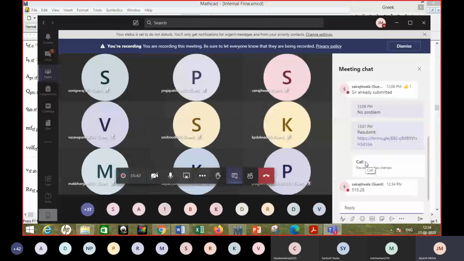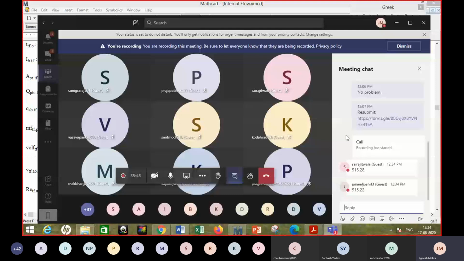Sairaj, Jaideep and Jainil, both of them are somewhere near 515. Let's check whether it's close to that or not.